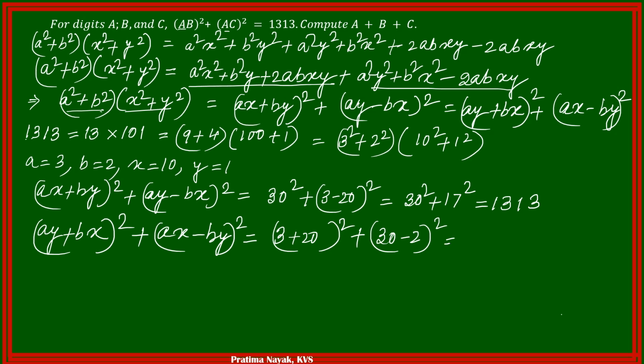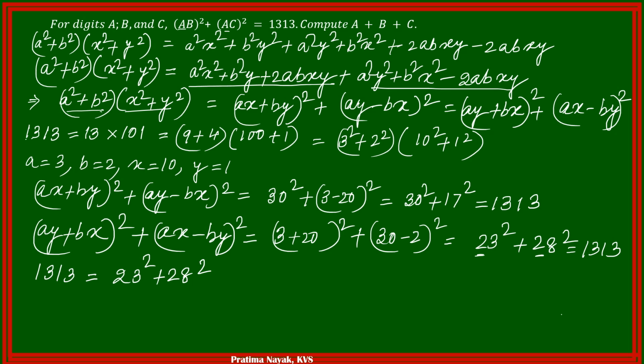So what I'm getting? I'm getting 23 square plus 28 square. So which one is the answer? The last one will be the answer because it has the tens place digits equal. So 1313 can be written as 23 square and 28 square.